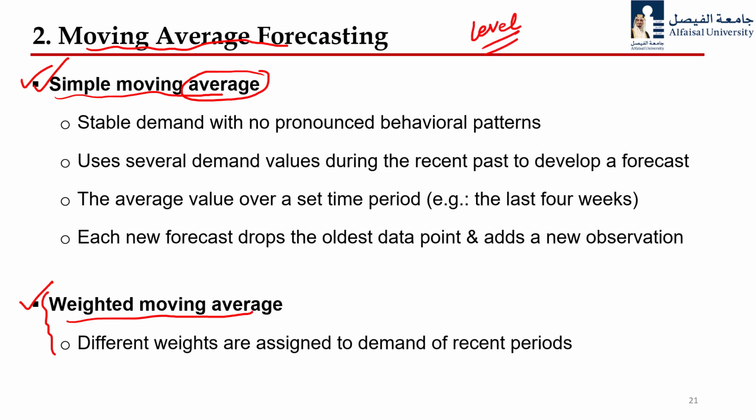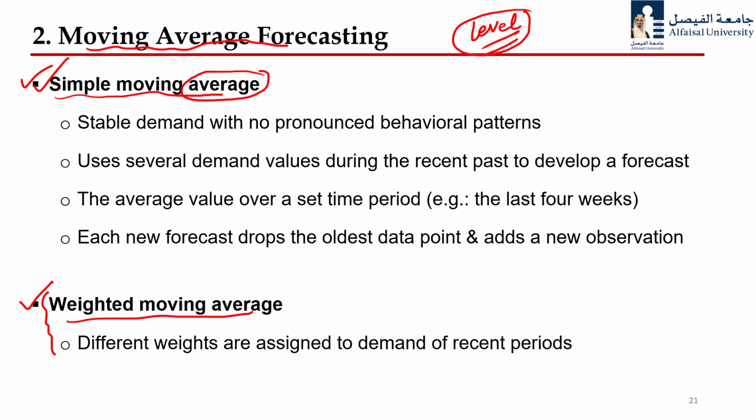If there is a trend pattern or seasonality, then these two methods are not appropriate. But if you have level plus seasonality, then you can apply seasonal naive. The normal naive method and the simple moving average method are appropriate when you have the level pattern only in your data set.